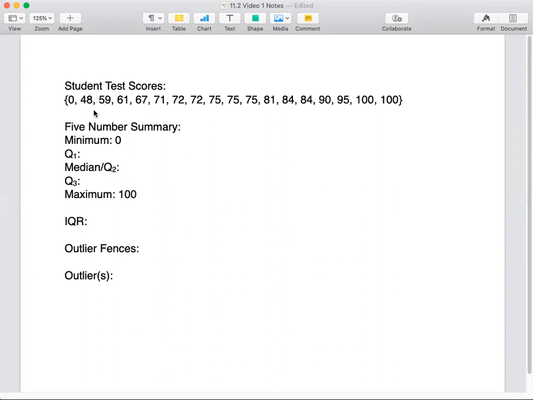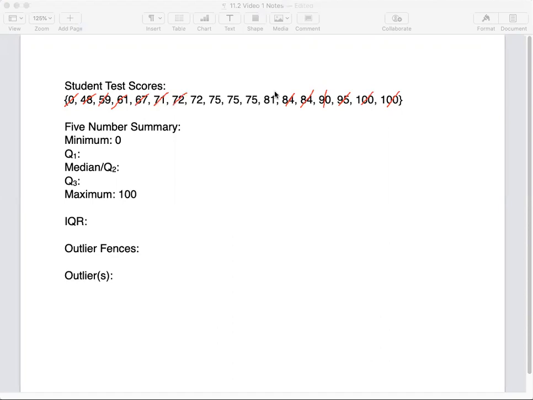So to find the median, I'm just going to cross off one number on each end until we arrive at the center. So 0 and 100 go away, 48 and 100, 59 and 95, 61 and 90, 67 and 84, 51 and 84, 72 and 81, 72 and 75.